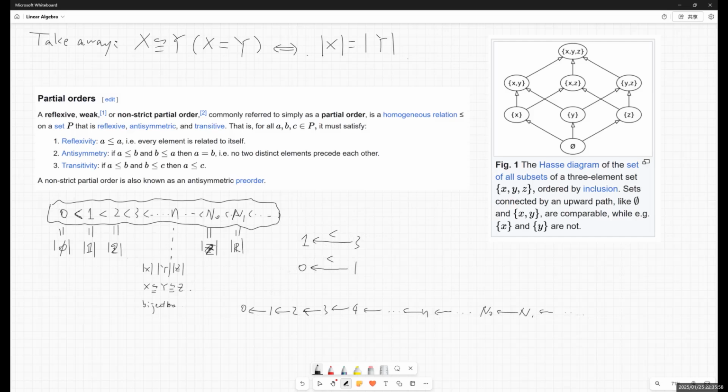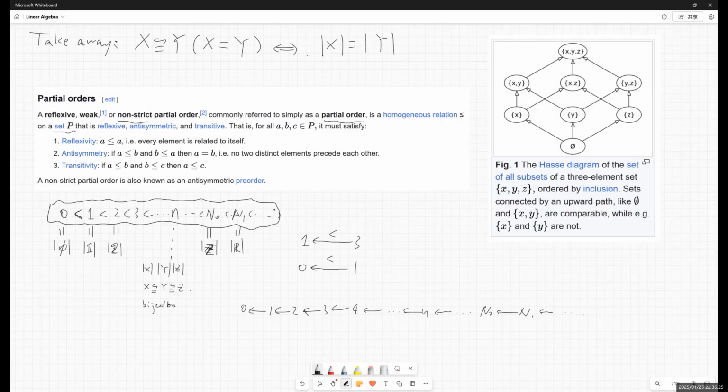Now let's check the definition of partial orders. A reflexive, weak, non-strict partial order, we can ignore that. We always talk about non-strict partial order, commonly referred to simply as a partial order. It's a binary relation between a pair of elements on a set.